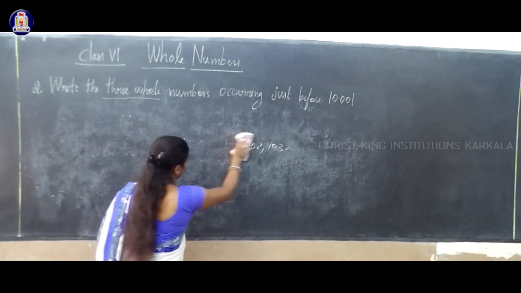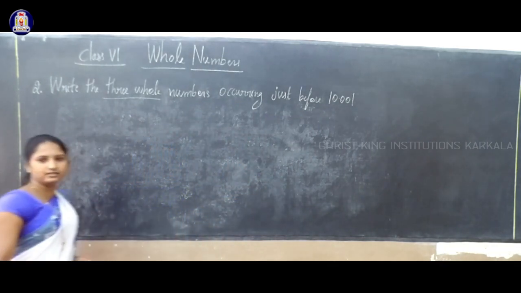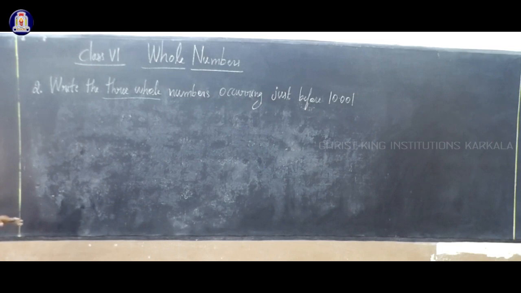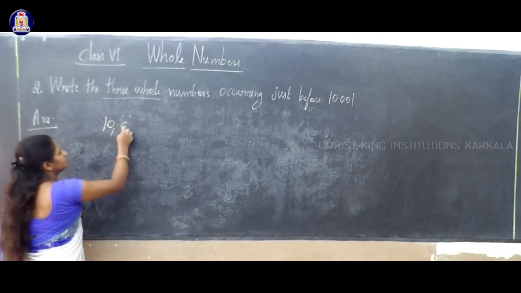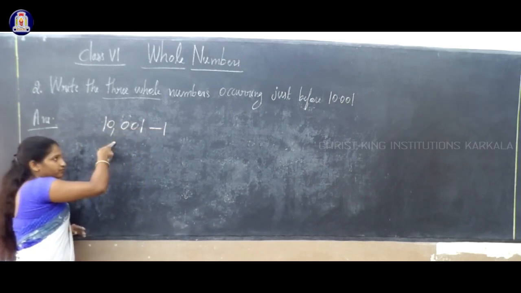How many whole numbers did they ask? Only 3 whole numbers just before 10,001. So we know the answer: you just have to subtract 1 from 10,001, and we will get the whole numbers. Just before means you have to subtract 1 from this.